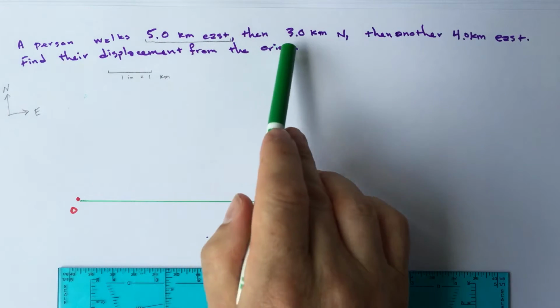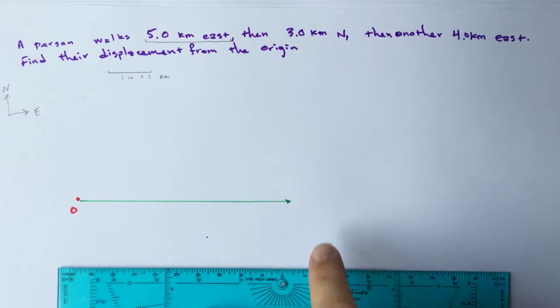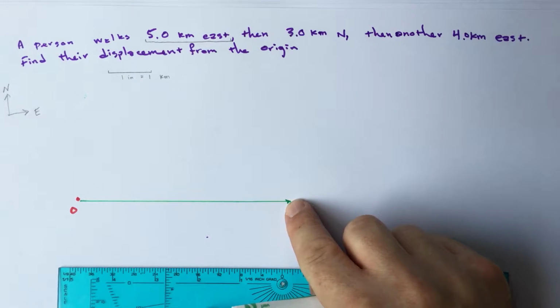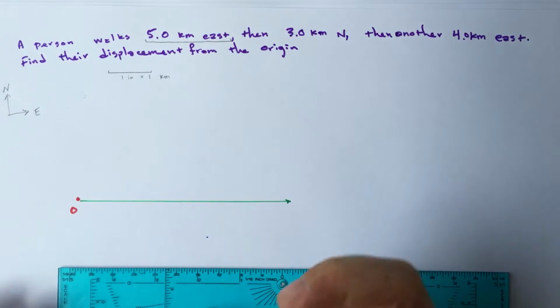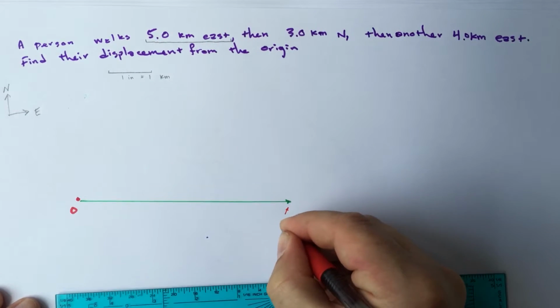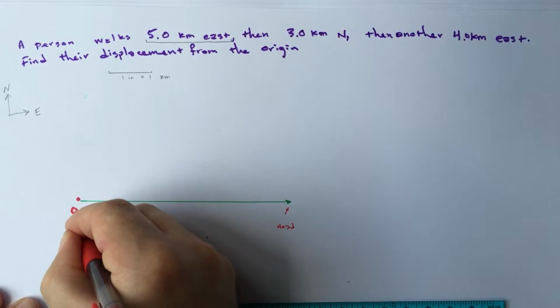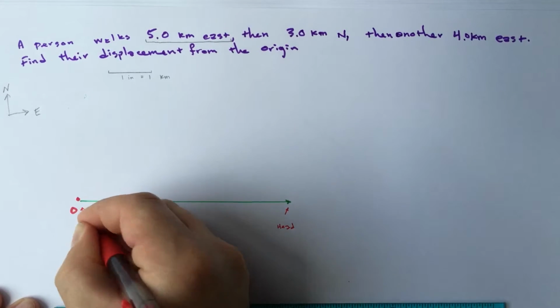Next, they walk 3 kilometers north. So from this point now, my second vector would begin here. In vectors, actually, we have names for these things. This is called the head of a vector, and this is called the tail of a vector. Kind of makes sense.